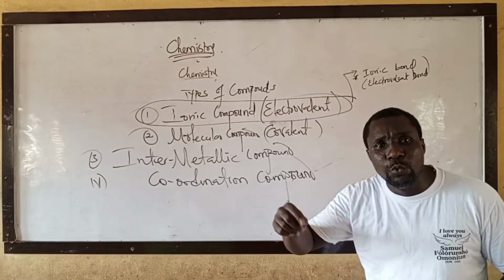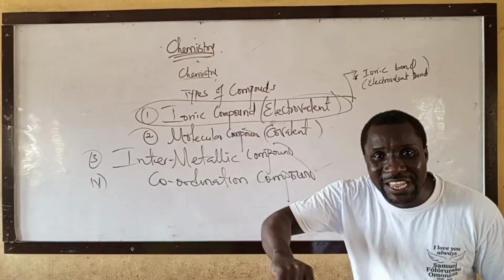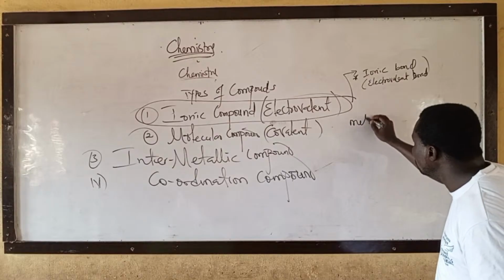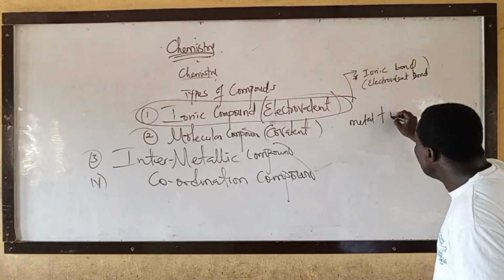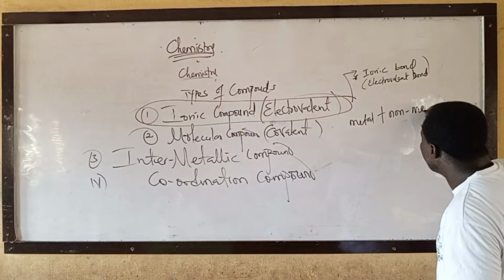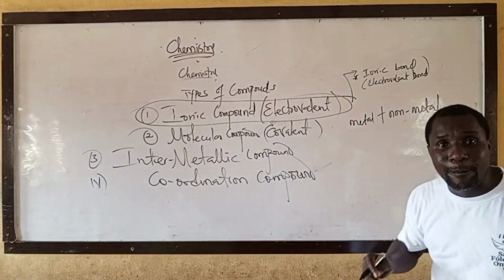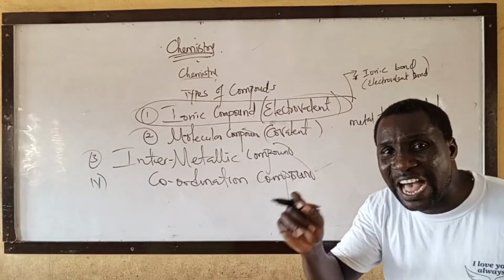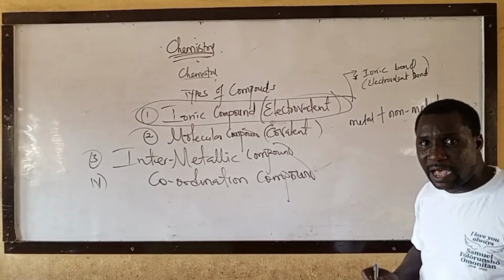Then how do we identify an ionic compound? Very simple. When you see metals combining with non-metals, the compound formed is an ionic compound. Write it down.